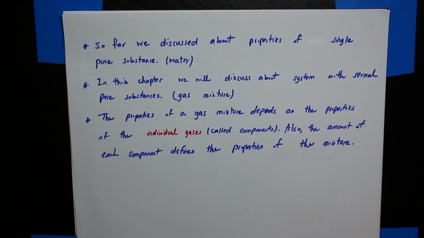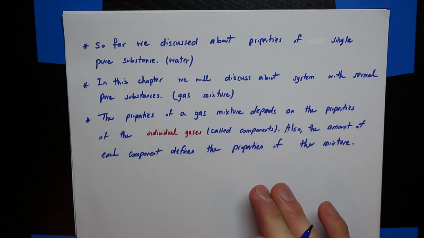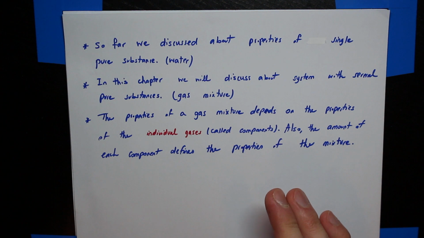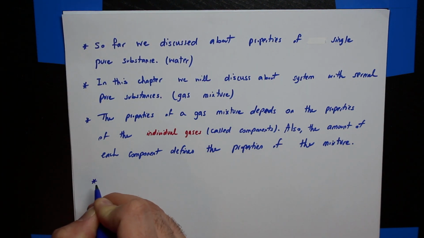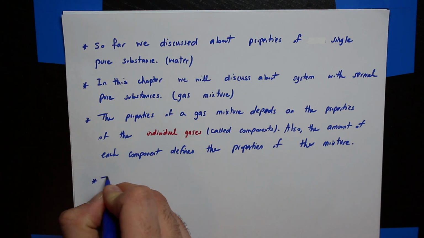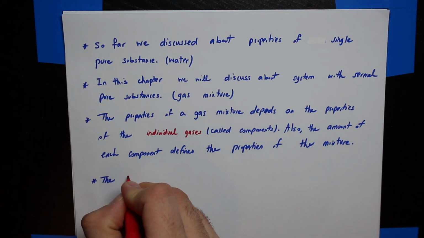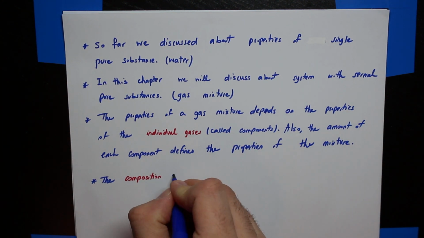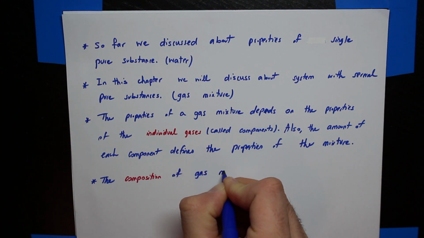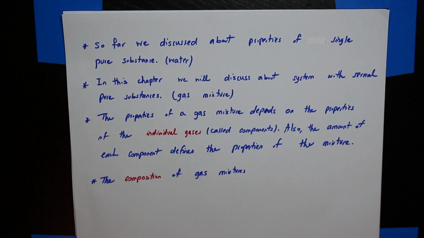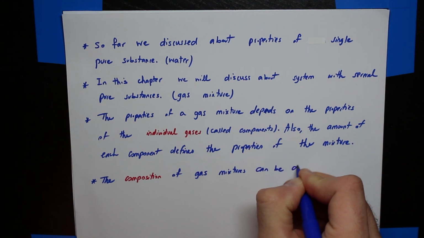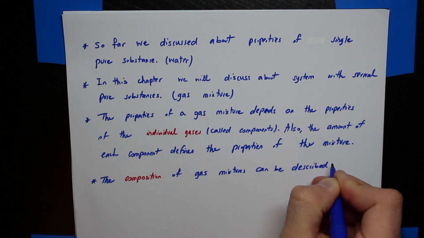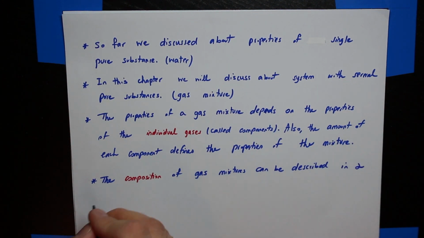Okay, now the composition of a gas mixture can be described in two different ways. In one approach, we are looking at the number of moles. So this is molar analysis. In the other approach, we are looking at the mass of each component. So the composition of gas mixtures can be described in two ways.